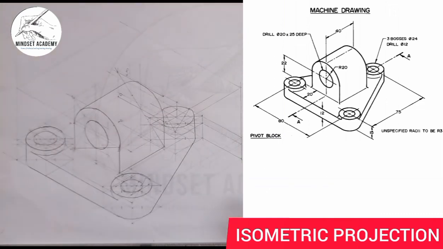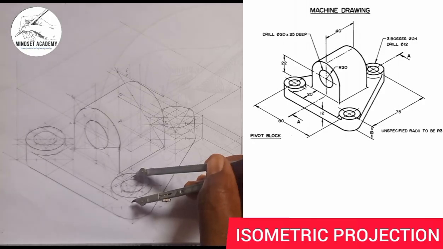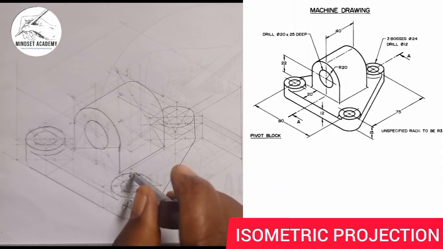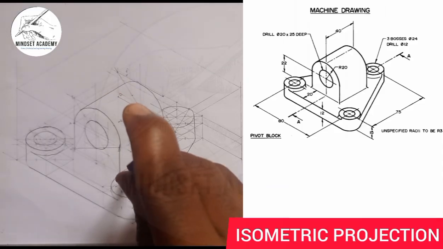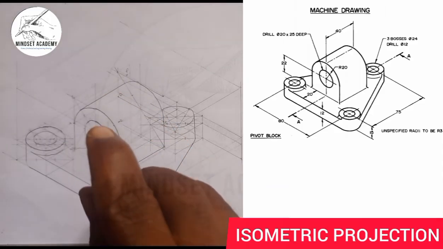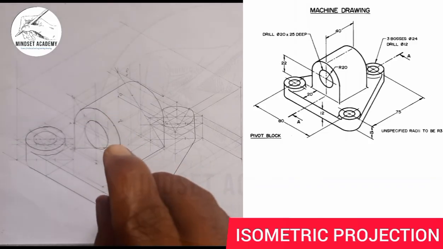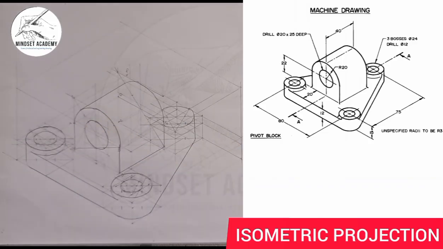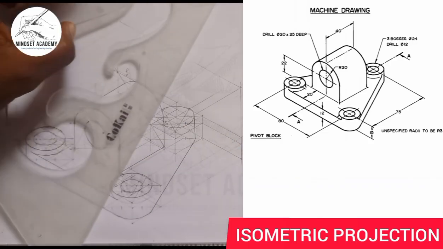Right? Then once you've done that, the next thing is you do the same thing here too. Just faint line. This is where you're going to join these two together.